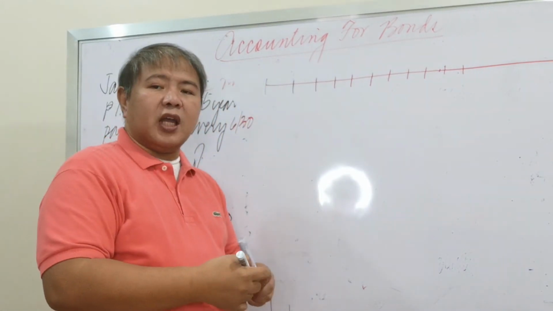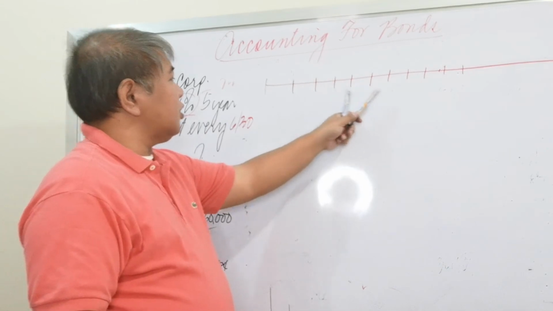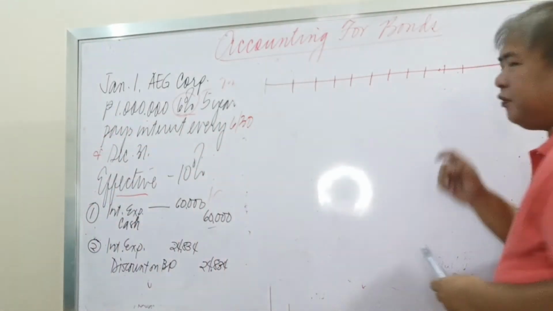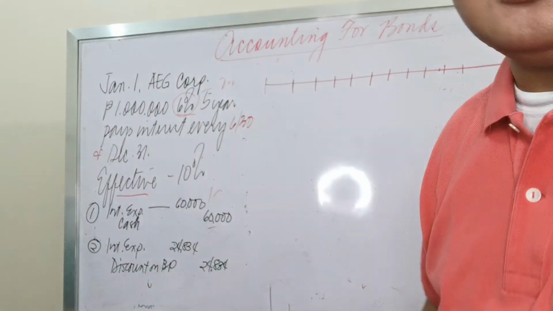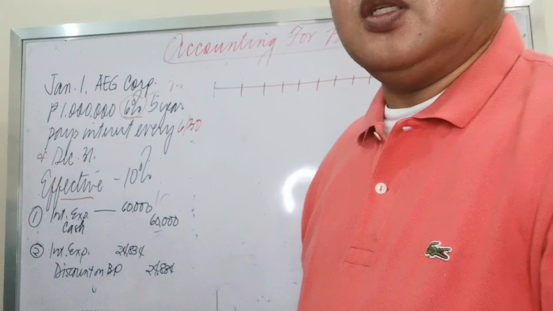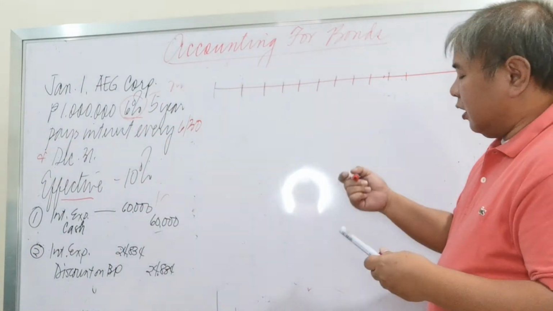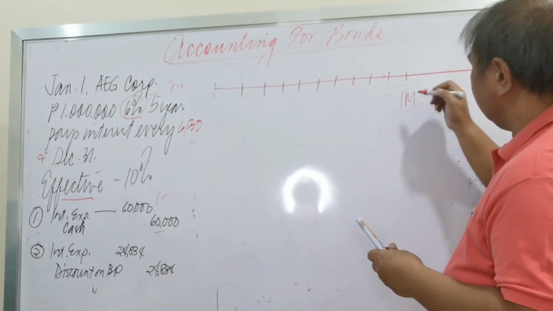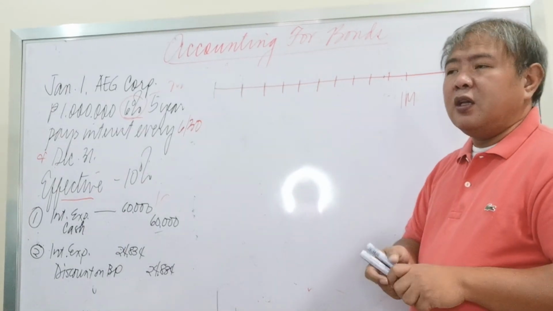So that's how your timeline would look like. This is 1 year, 2 years, 3 years, 4 years, 5 years. At the end of the life of the bond, the bond issuer will have to pay 1 million pesos. But every 6 months, he will have to pay what?